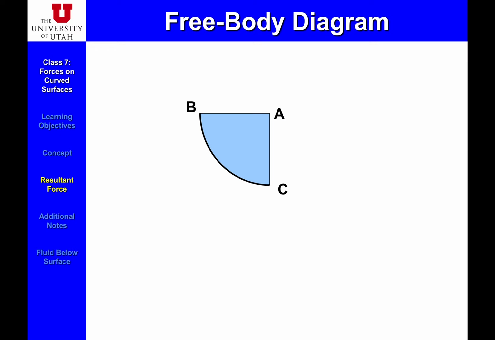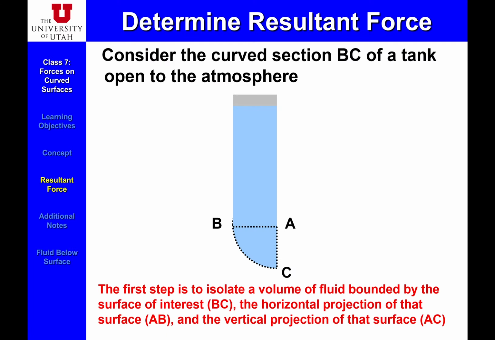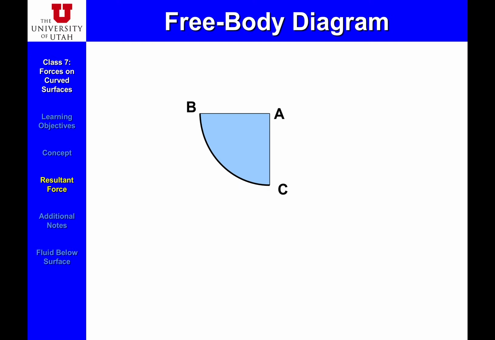And so here we have a free body diagram of the area of interest, A, B, and C, because that's the piece of the puzzle that we're wanting to look at. So we just went from this big tank that's kind of tall to the curved surface portion. And when we look at this, we have the center of gravity, and that'll be important in a minute. I'll explain why.